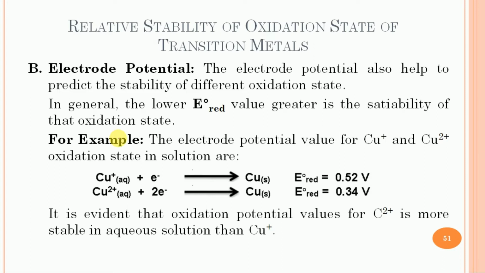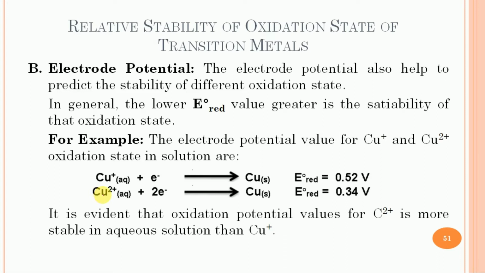For example, the electrode potential values of copper + and copper 2+ oxidation states in solution are given as: for copper +, it is equal to 0.52 volt, and for copper 2+, it is equal to 0.34 volt. So it is evident from these values that copper in the +2 oxidation state is more stable in aqueous solution than copper in the +1 oxidation state.